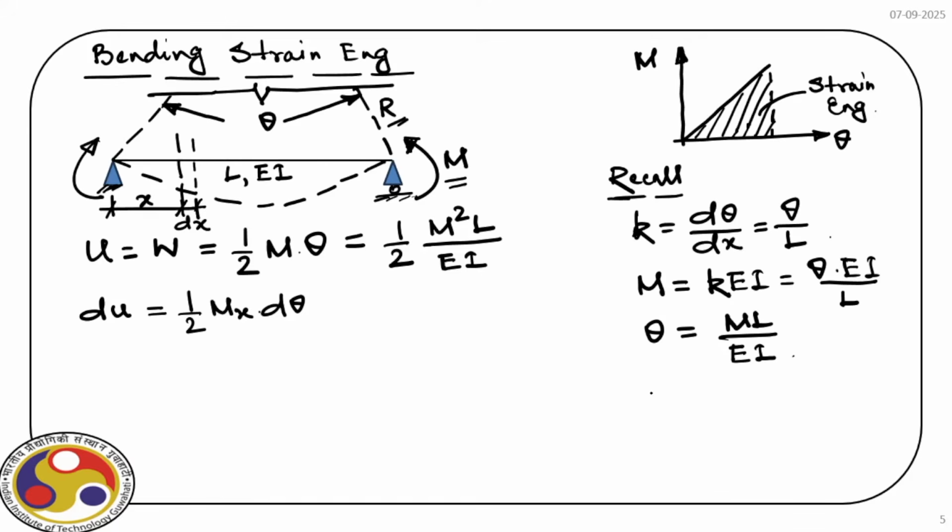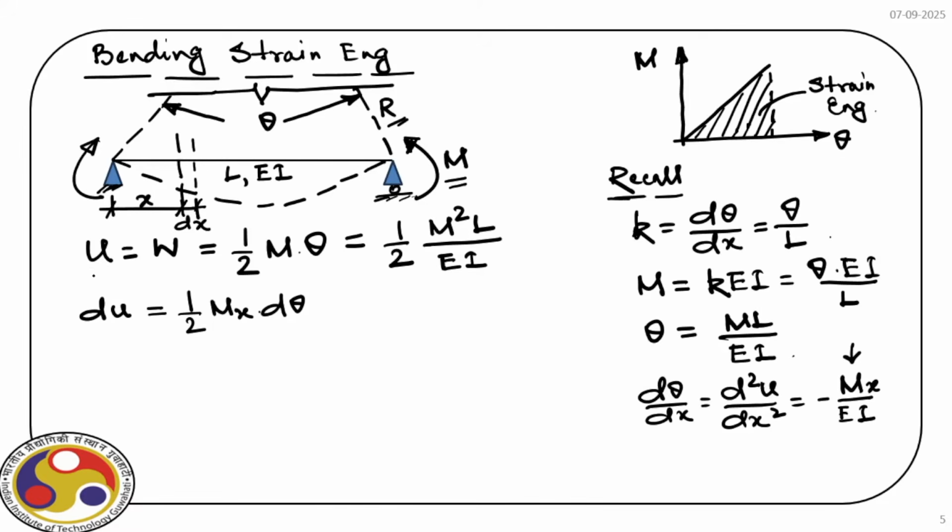Now recall d theta dx is equal to d2u dx2 is equal to minus M by EI. In fact, this is the equation we used in the previous week to solve the deformed profile of a beam under any loading. Okay, so this is the moment acting at a distance x, and for that moment we have a deformed profile which is defined by u.